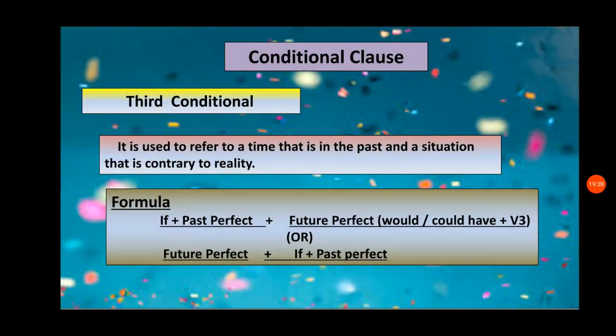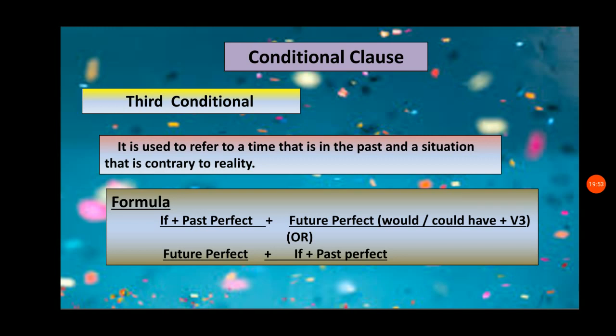Next we can see the third conditional, the fourth type, impossible condition. It is also called an impossible condition. What is impossible condition? It is nearly or closely related to the third type, second condition.